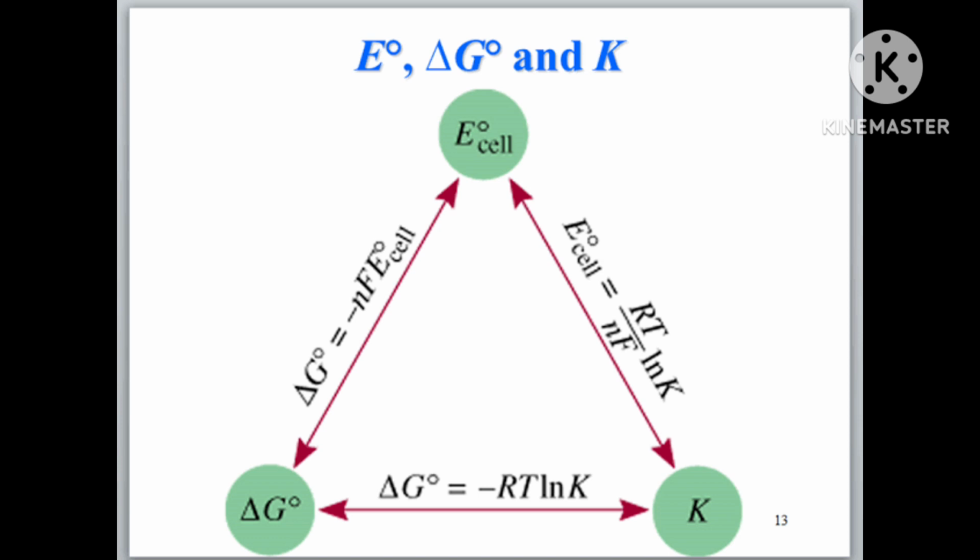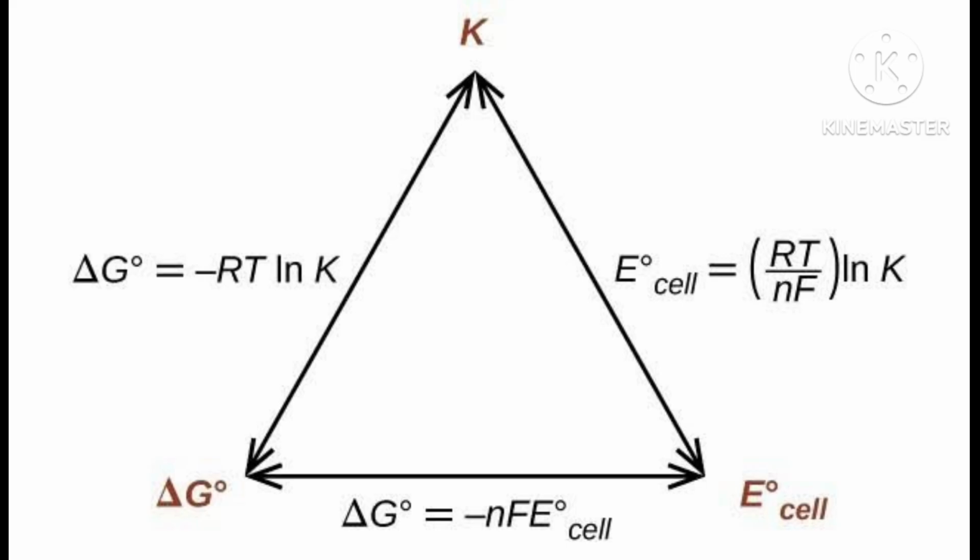Then standard delta G is equal to minus nFE. And what is the problem? n is equal to 2, F is equal to 96,500. Correct? And standard E value is given as 1.1 volt. How easy it is.